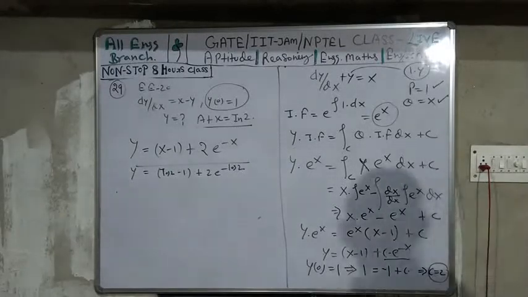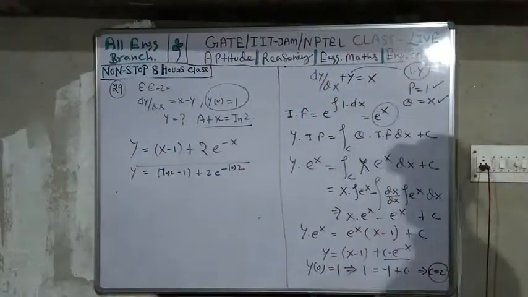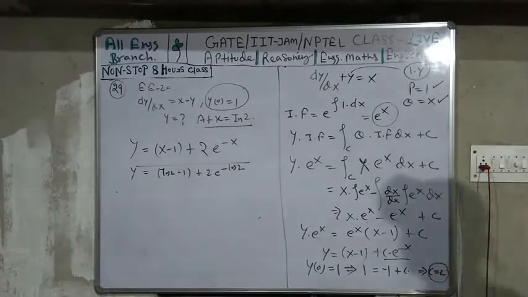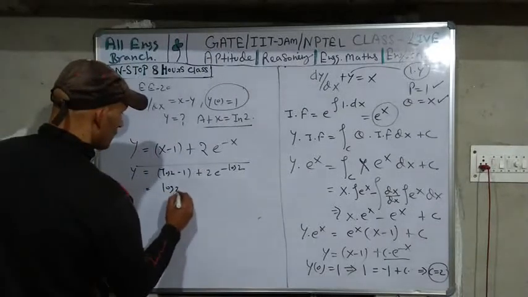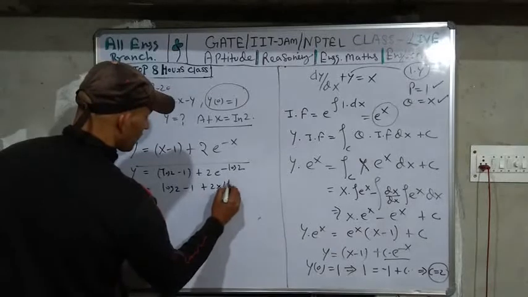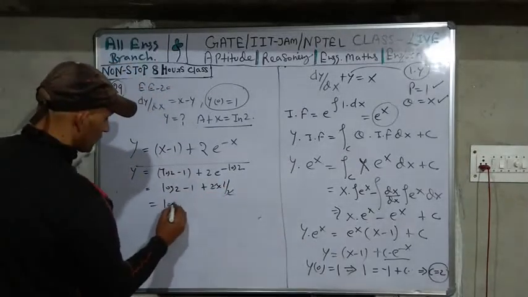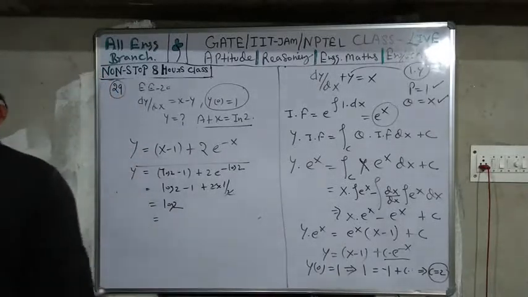Okay, we forgot one thing. y is equal to, yeah, everything we have done, e to the power minus x. So this is 1 upon 2. So this value is log 2 minus 1 plus 2 into 1 upon 2. I think that both cancel. 1 minus 1 is equal to 0, so y is equal to log 2, and log 2 is equal to 0.693.